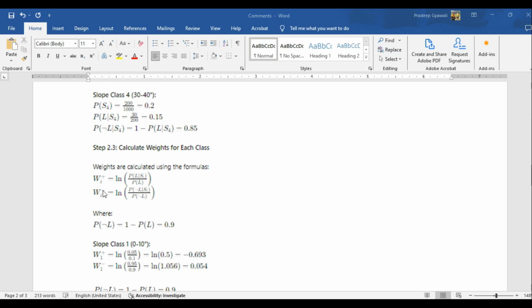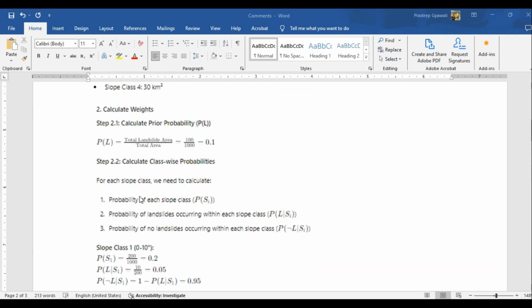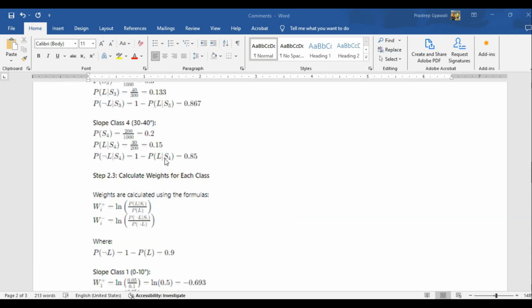So this is the positive weight. And the negative weight means no landslide occurring in this class: the logarithm of the probability of no landslide occurring in this area divided by the prior probability, that means 0.1.